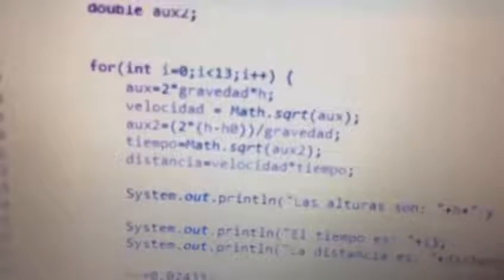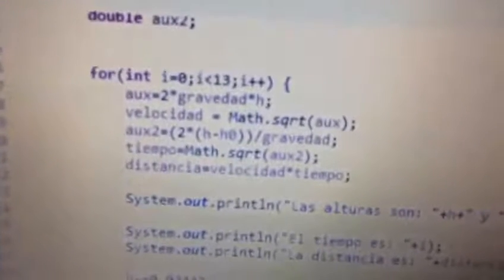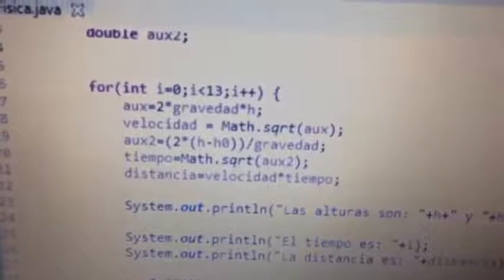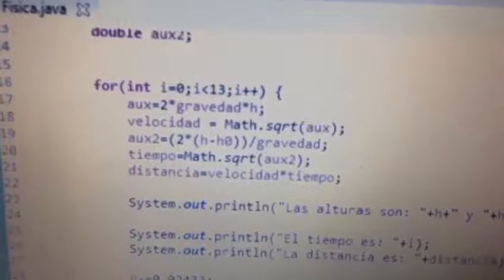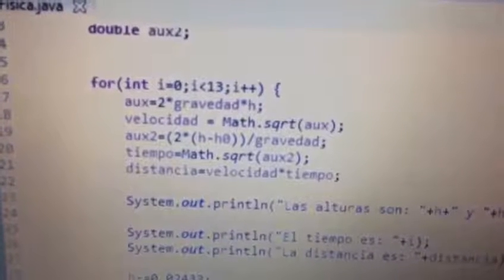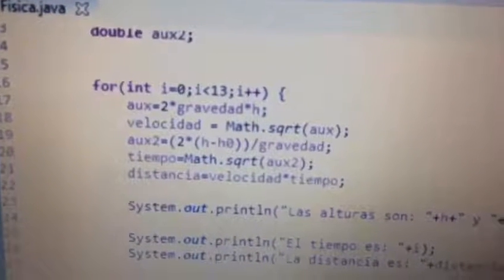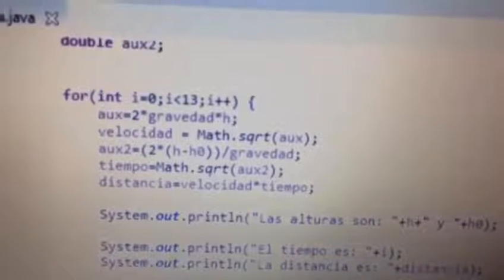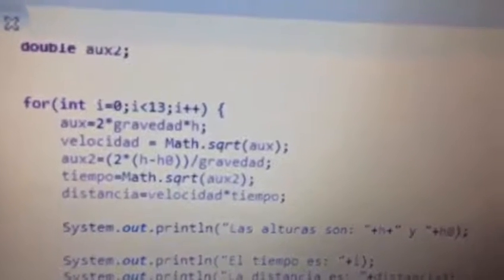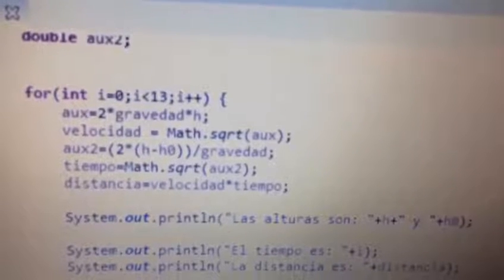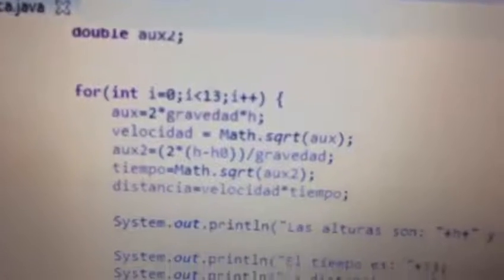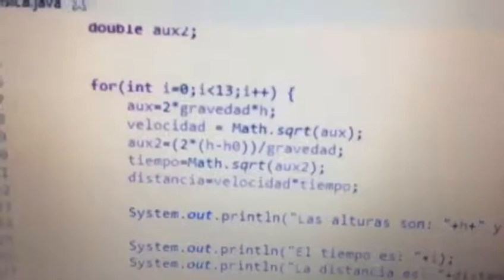As we can see, in AUX number 1, we use all the content of the first formula: 2 multiplied by gravity multiplied by the height of the tube, and we get the square root of the result of AUX, and then to get the velocity.